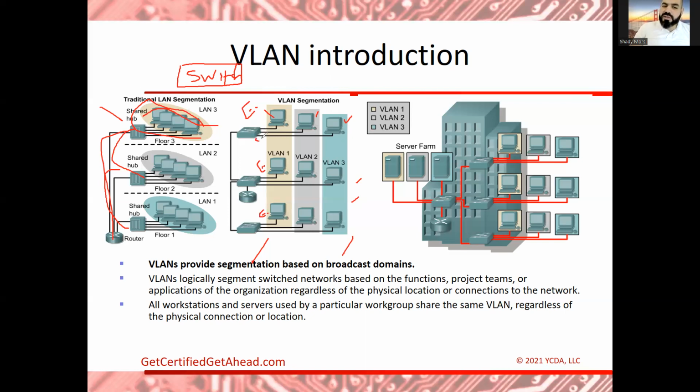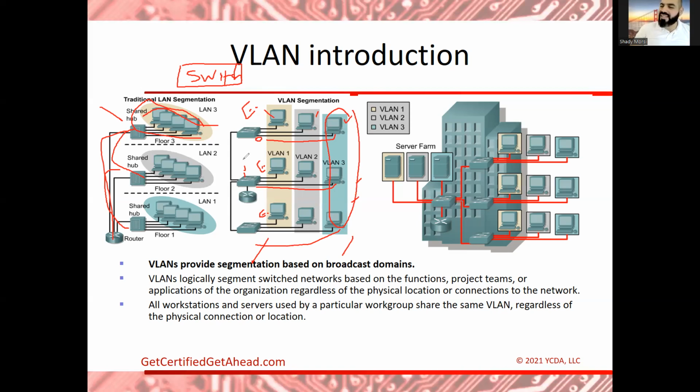I can say, you know what? This port belongs to VLAN 3, this one over here. I will come here and do the same thing, saying this is VLAN 3, and I will assign this guy over here to VLAN 3, and the same thing here. When I do this, all of them are now sharing the same network, even though they are not sitting in one single place, and even though they are connected to completely different switches.